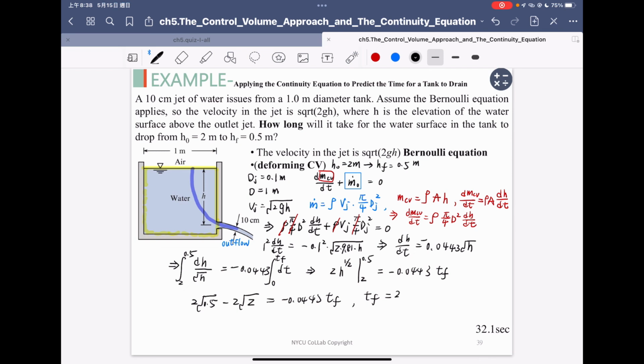It's equal to 1.92 seconds. So it's quite close to the number showing here. It depends on maybe the gravity, we may use a different value in here.